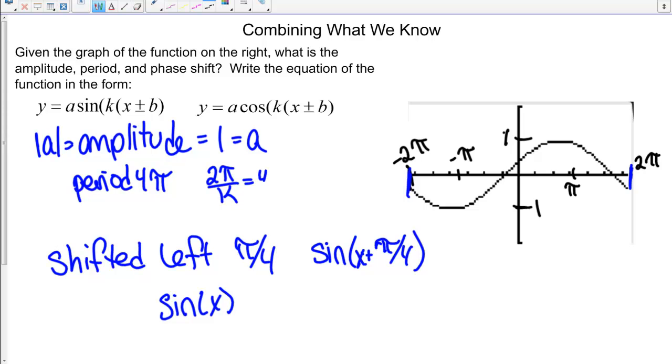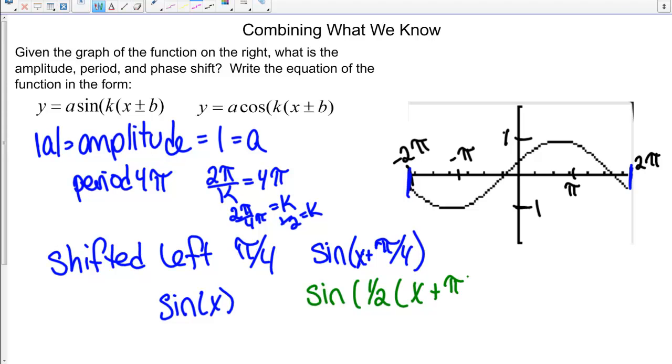So if we need this to be 4 pi, that means that we have 2 pi over 4 pi equals k. So that is 1/2 equals k. So we have sine of 1/2 x plus pi over 4, and that is our equation.